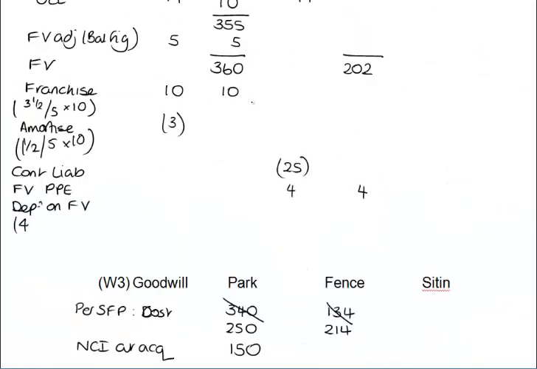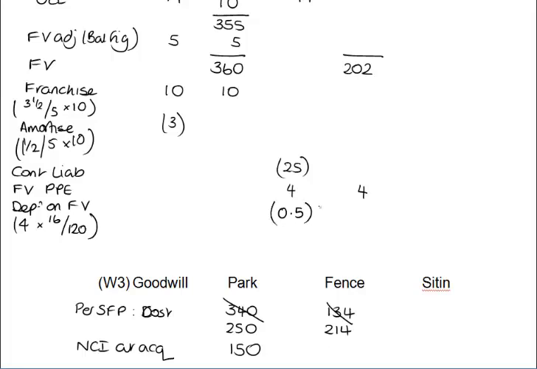We then got to work out depreciation. It's July X8 to November X9, so that's going to be 16 months worth depreciation spread over a 10-year period. Well, 10 years is 120 months. I'm going to work to the nearest 1 decimal place.